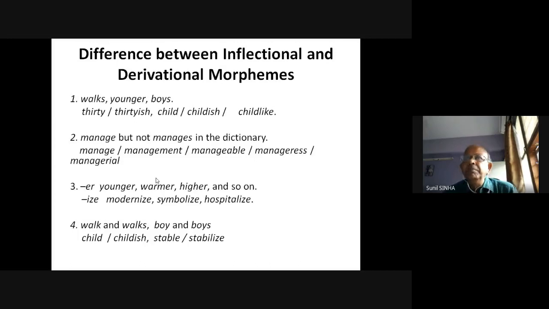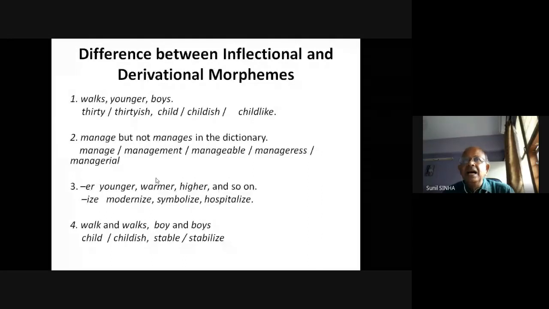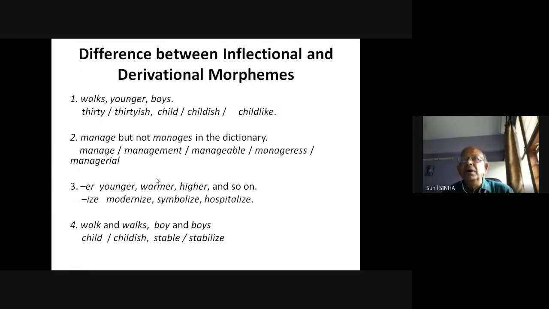Point number 3. ER is an inflectional morpheme as we discussed earlier, and IZE is a derivational morpheme. Now we have younger, warmer with ER, higher, and so on. What is the meaning of ER in younger, ER in warmer, and ER in higher?